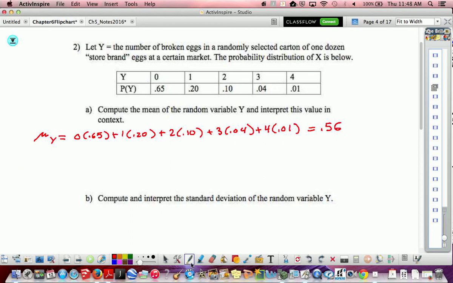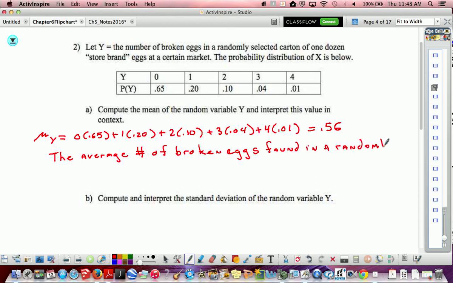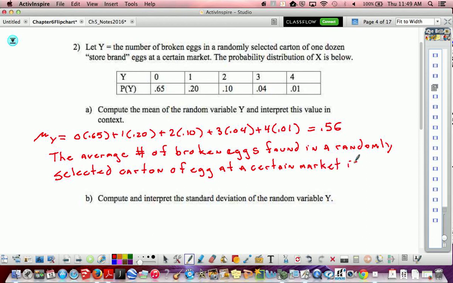It's the average number of broken eggs found in a randomly selected carton of eggs at a certain market is 0.56 eggs. So a little bit more than a half an egg.